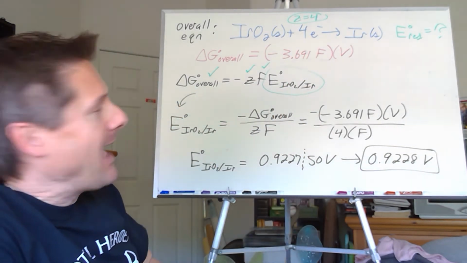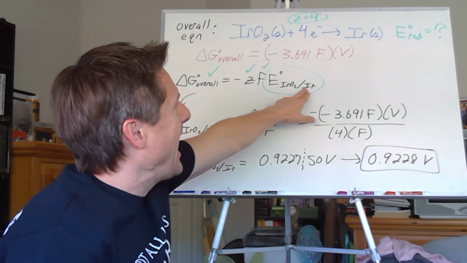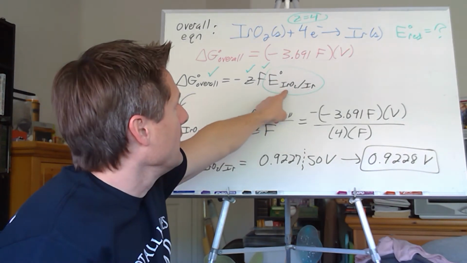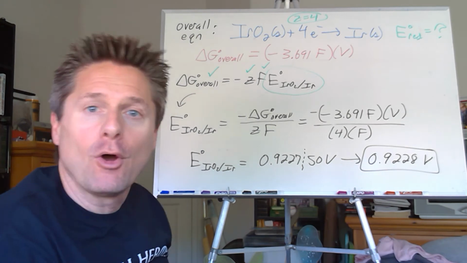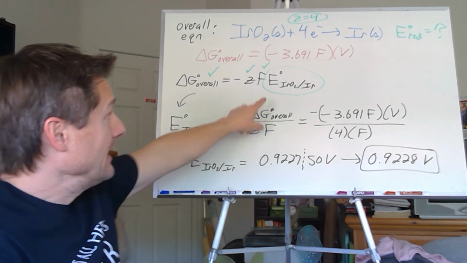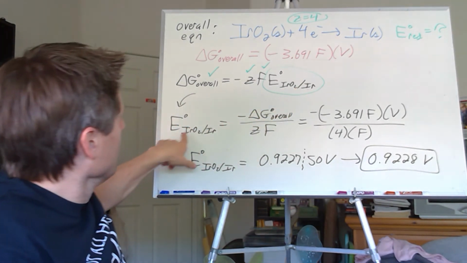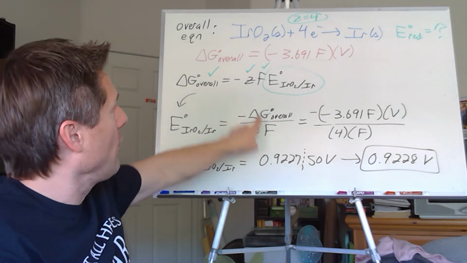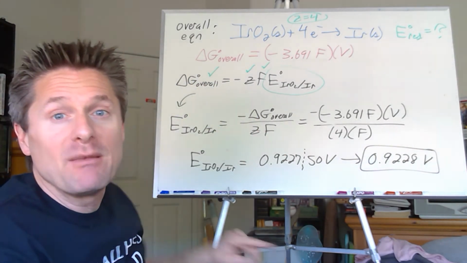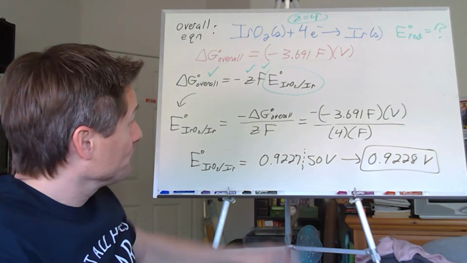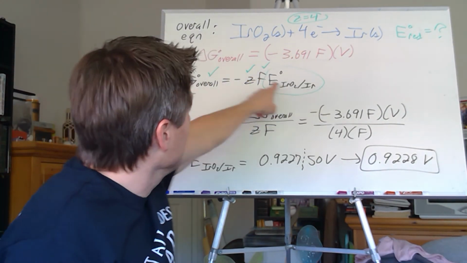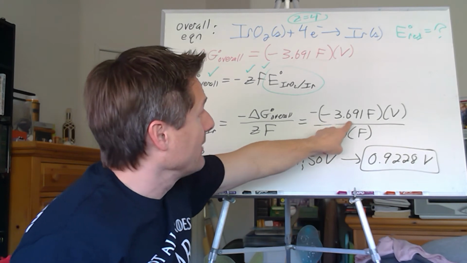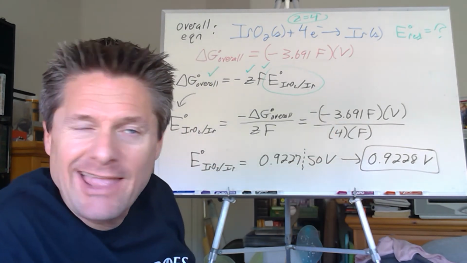Let's solve for that. So I wrote the E naught for that particular reduction, going from the +4 to the 0 oxidation number. So let's isolate the E naught. Move the negative sign over, so we get negative delta G overall divided by the electron number divided by Faraday's constant. So let's bring this down. So the negative of that, -3.691, see those negative signs are going to cancel out.